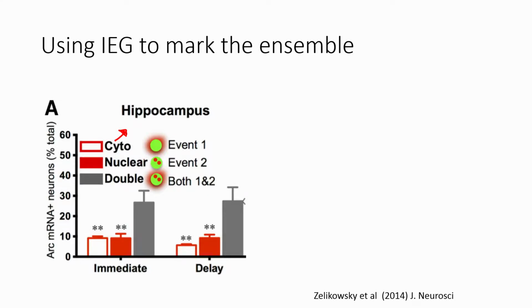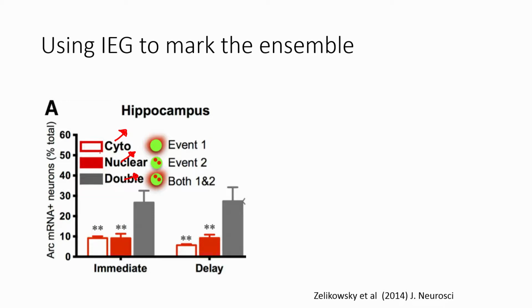The neurons whose nuclei contain the red puncta and just that alone, nothing around the cytosol, nothing around the nuclei, you call nuclear only neurons. And the neurons that have both the cytosolic as well as the nuclear, you call them double label neurons, and you can clearly say these are encoding different things.